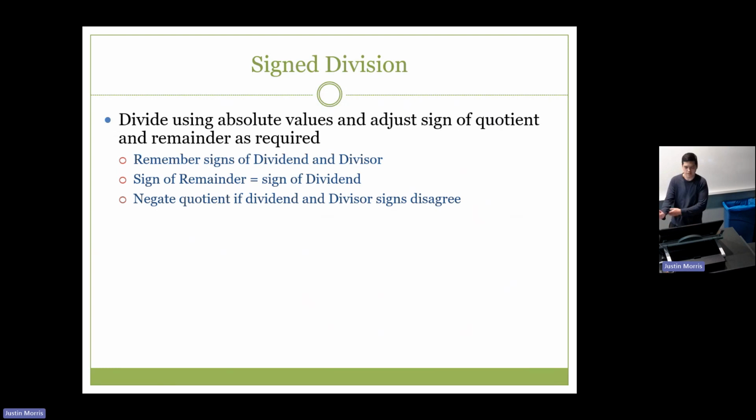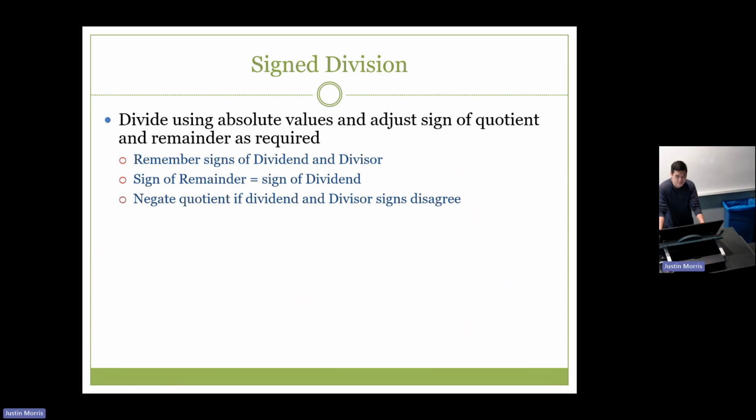So signed division. We can again do the same thing as we did for multiplication, just add a little bit of pre-processing and a little bit of post-processing, and you can use the same hardware to do signed division. So we're going to divide using the absolute values. And the way that we get the absolute values is just if any of our operands are negative, we convert them to positive, right?